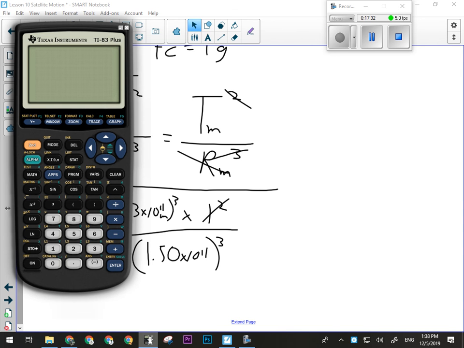So we'll have the square root of 2.3 e 11 cubed divided by 1.5 e 11 cubed. All right, so 1.9 years is the period of Mars' orbit, according to Kepler's law of periods.